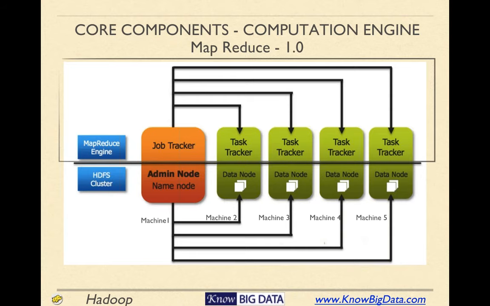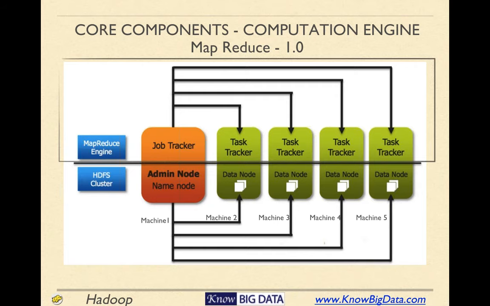Although there are some works which do not require any data processing, those kinds of work get done on the choice of the job tracker. There are many considerations which job tracker makes while assigning the work. First, which one is closer to the data?